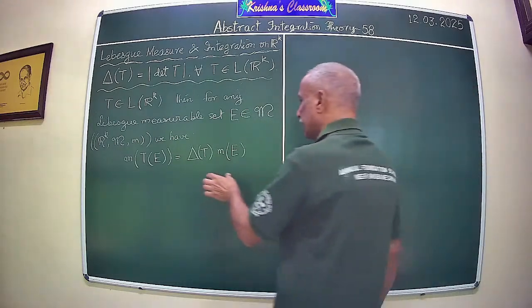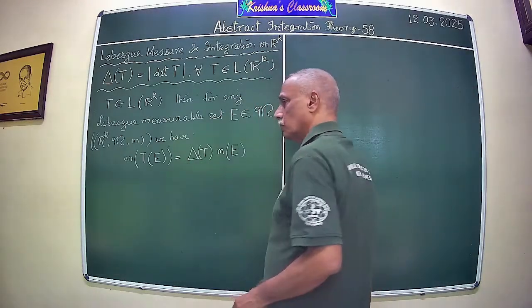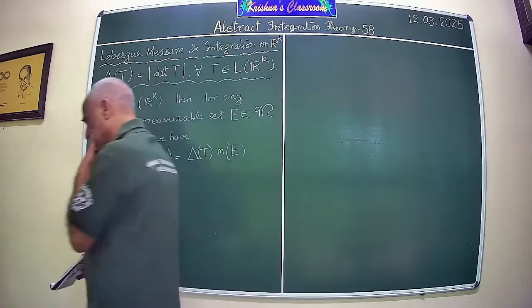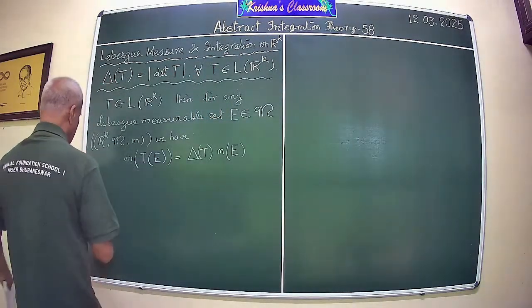What is delta T? Delta T is a scalar. Let us work it out.